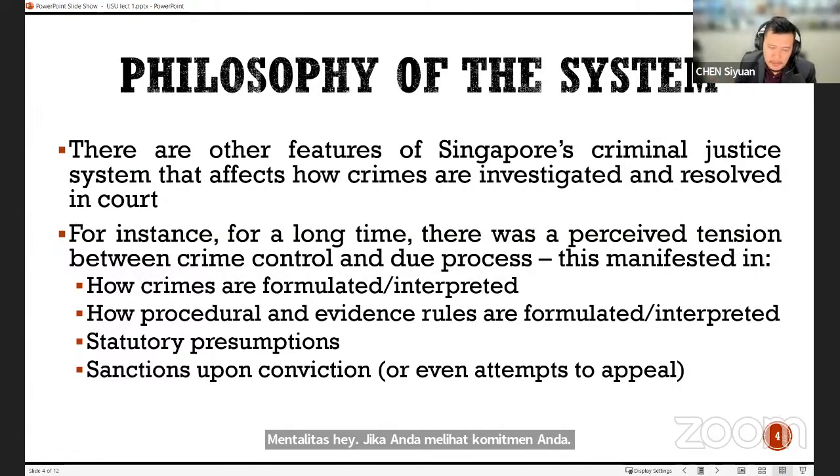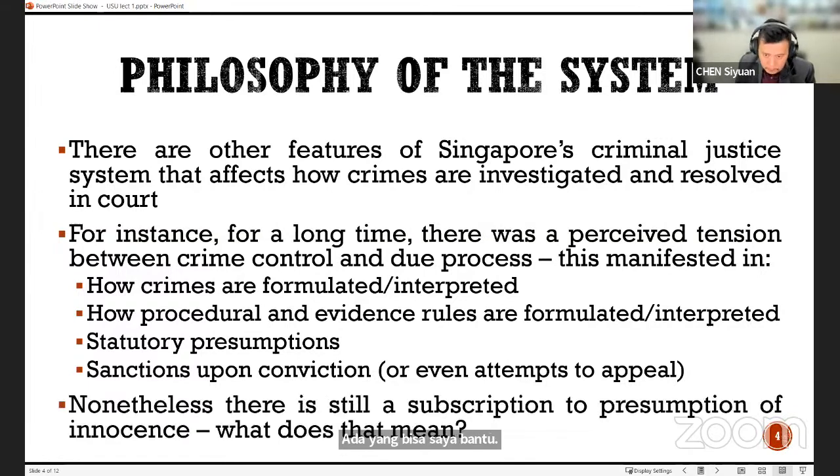So let's say originally you were sentenced to serve 10 years, you appeal and you fail, they may increase it to 15 years. It's quite rare, but it did happen in the past, okay?